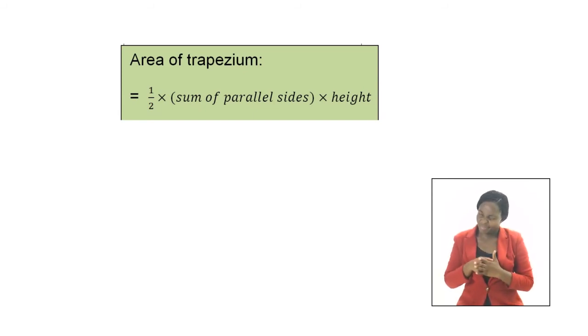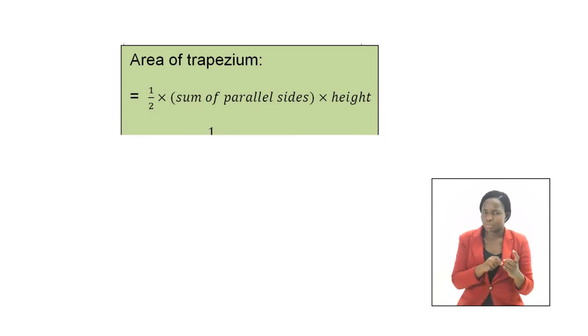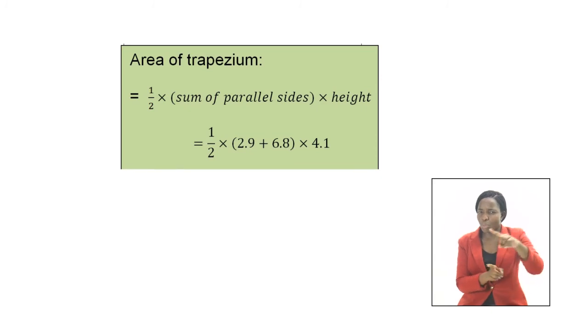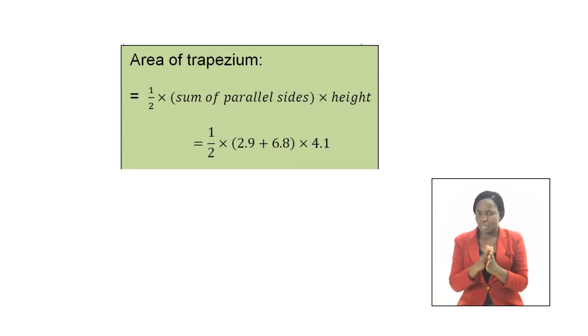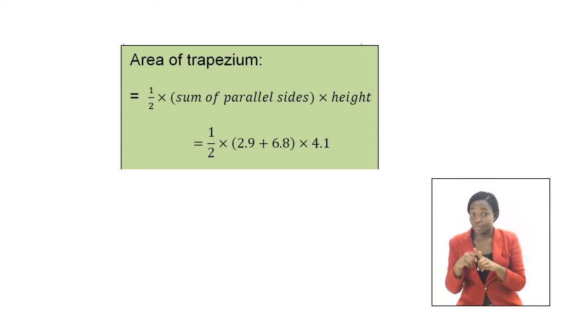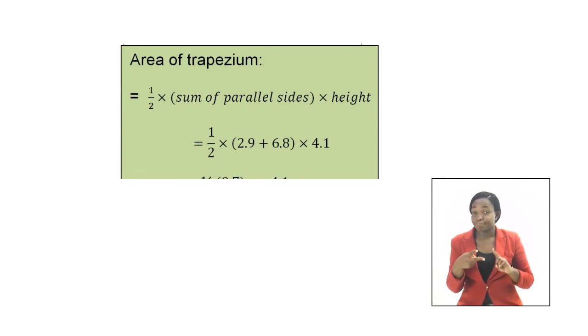So in brackets, I have the two parallel sides, which are 2.9 and 6.8. So I calculate half of 2.9 plus 6.8 times 4.1, which is the height.